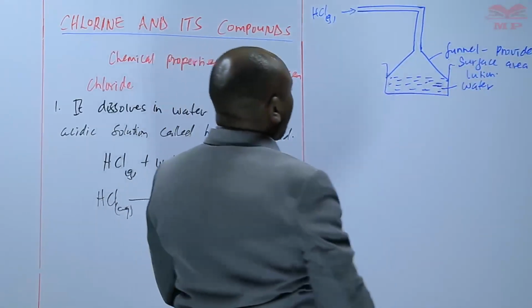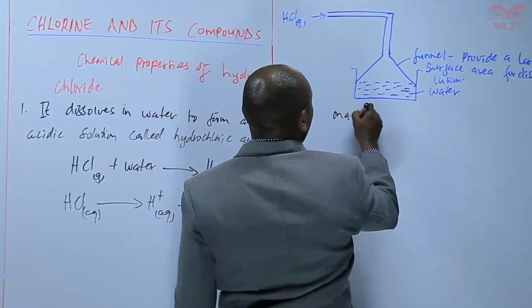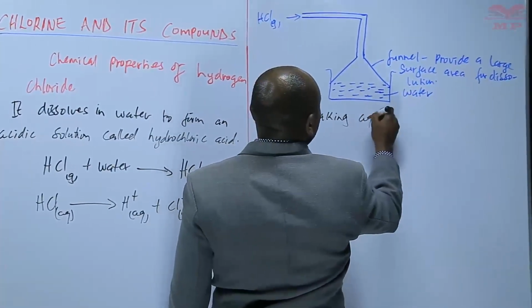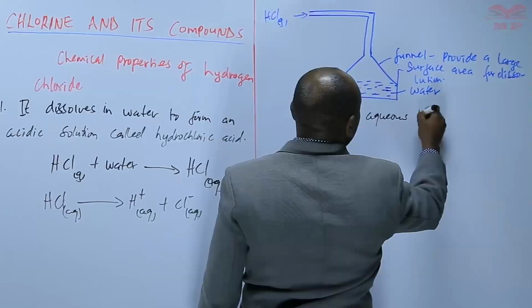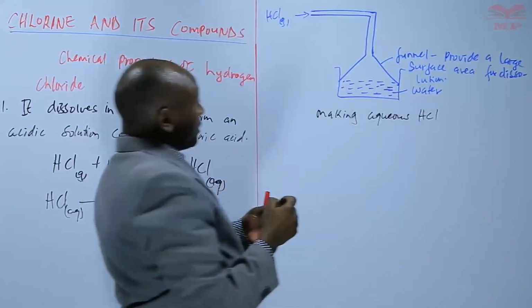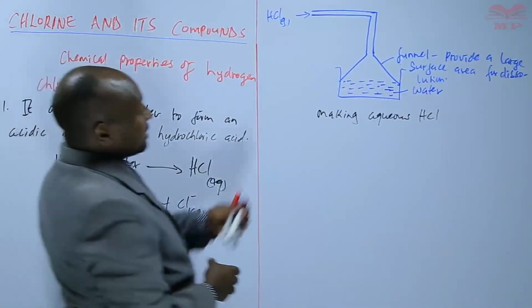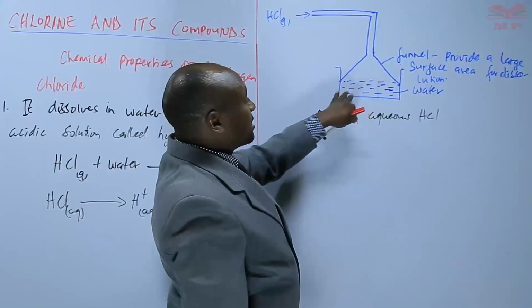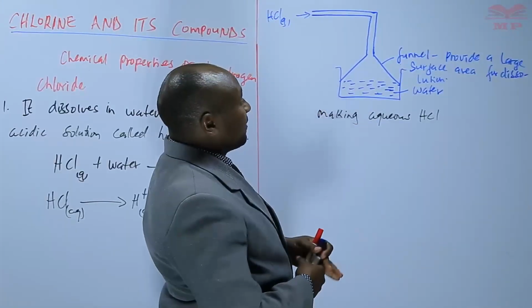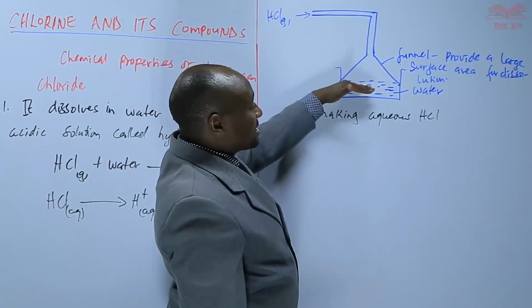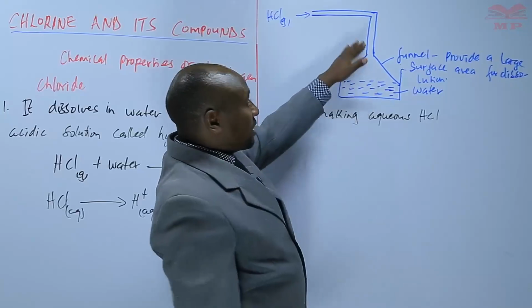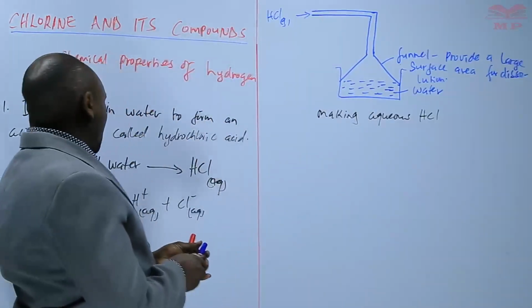So this is making aqueous HCl. You need to dissolve the gas over a wide surface area of the water, and the funnel should be placed just near the surface to prevent the sucking back.